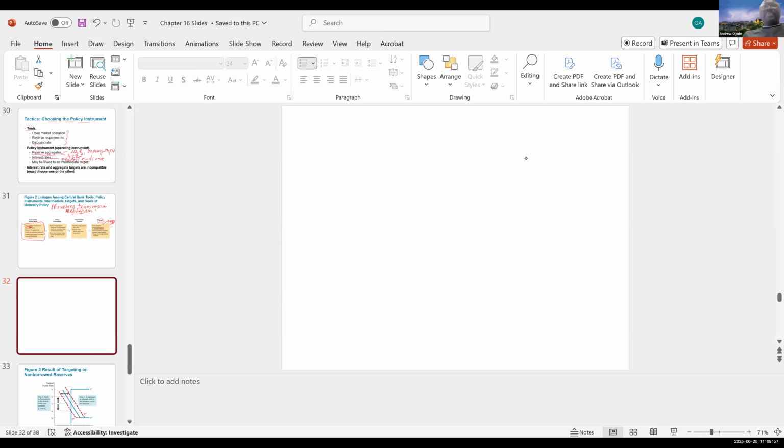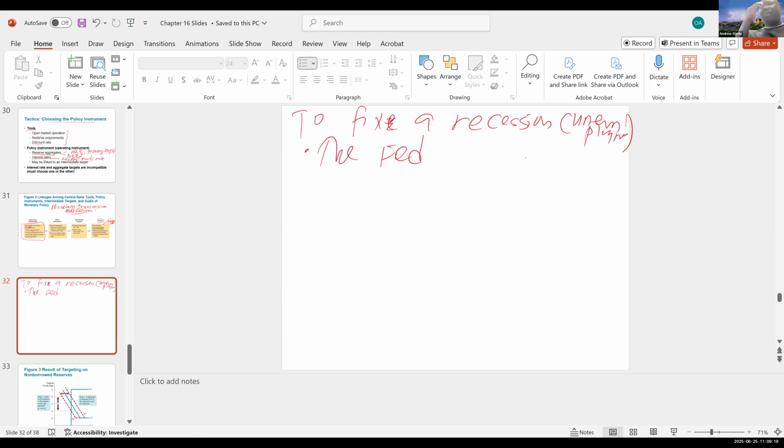Okay, so here's how it works. Let's say the Fed wants to fix the unemployment problem because there's a recession. We know to fix the unemployment problem, or to fix a recession, which means higher unemployment, we know that the Fed's most obvious tool or favorite tool, like my plier in my toolbox, is going to be buying bonds, buying securities.